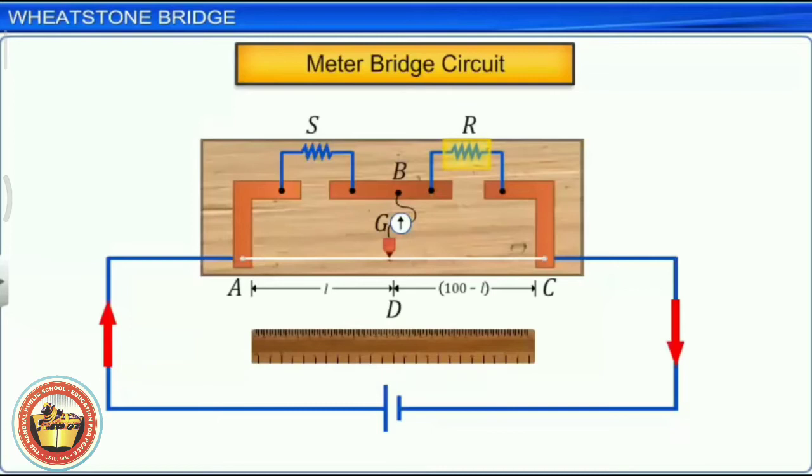Of the resistances S and R, R is the unknown resistance and S is the known resistance. We find the unknown resistance R using the Wheatstone bridge balancing condition.